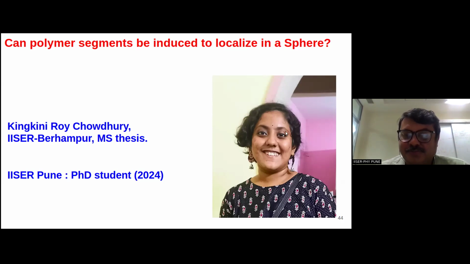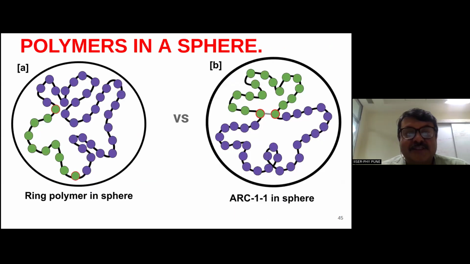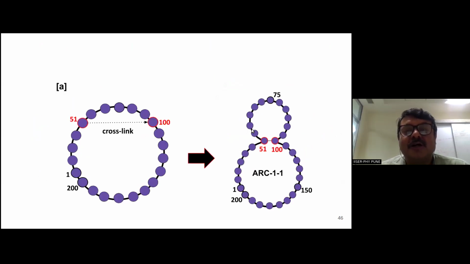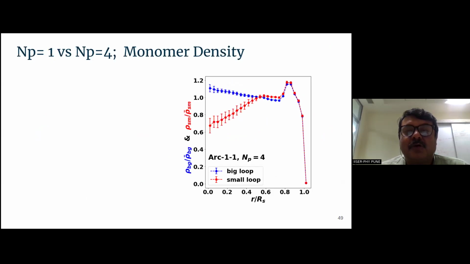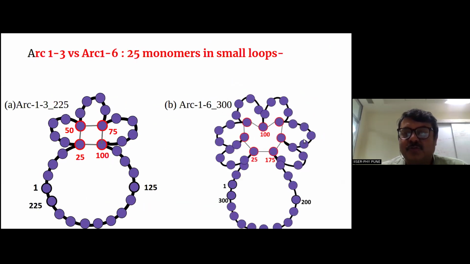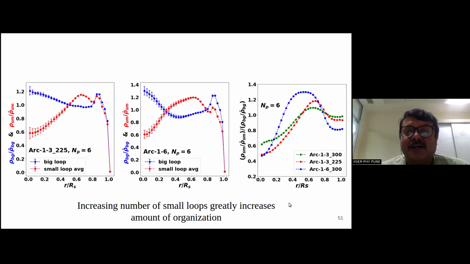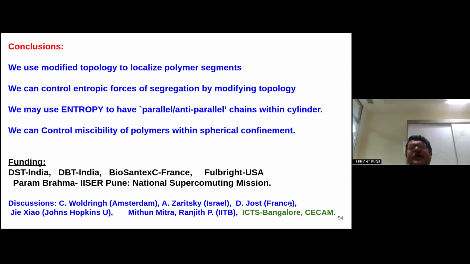But what Kinkini worked on, so she just passed out of IISER Bahrampur, is topologically modified polymers inside a sphere, not only one polymer, no replication, but multiple polymers with various topological small loops and big loops inside a sphere. And the point that she saw is if you put multiple polymers inside the sphere, the smaller loops go and organize themselves and occupy the periphery of the sphere.